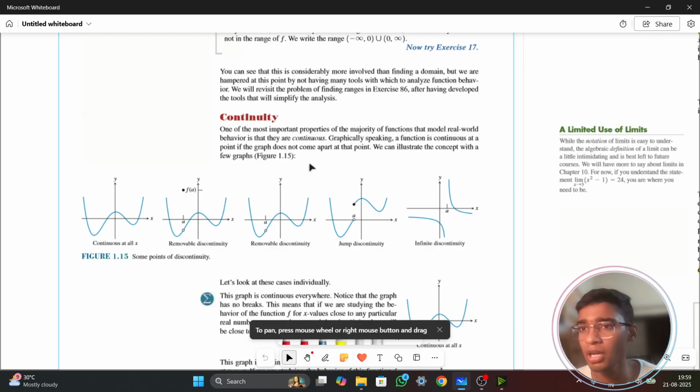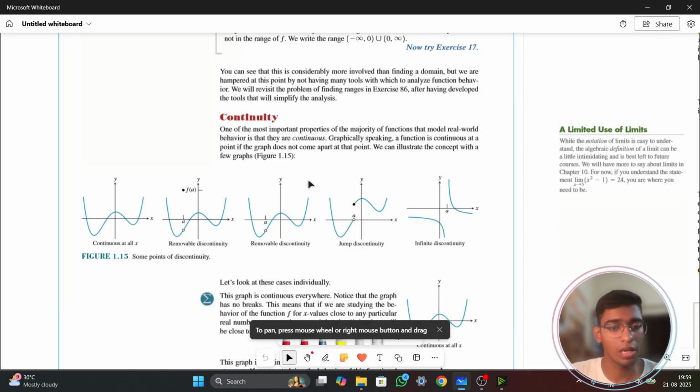It is exactly the same concept which we are following in this, and we have to check whether a function is continuous at a point or not. That means, in layman's terms, being continuous means having a value for a function.